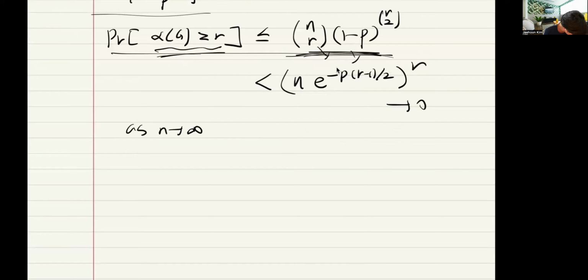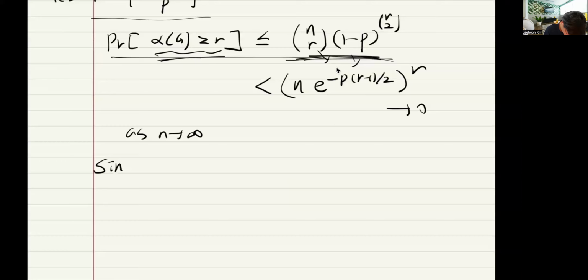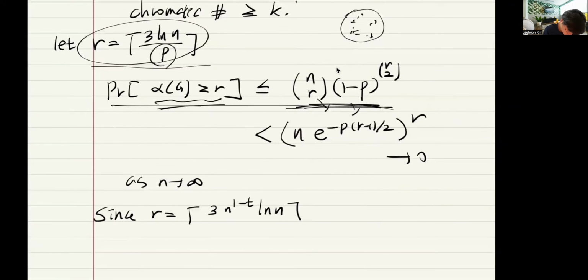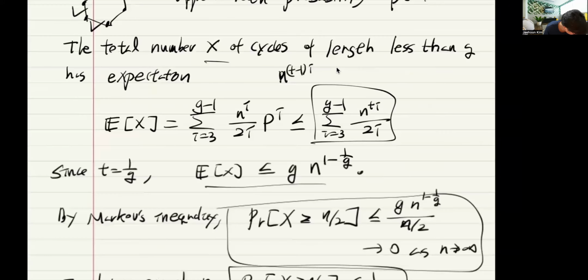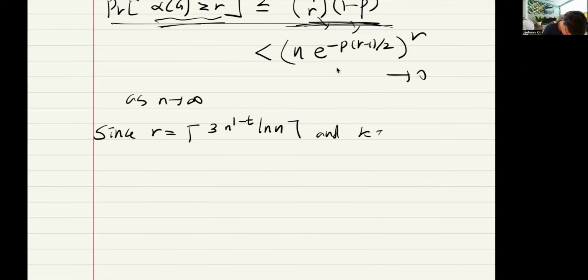So, since this R is what? 3 times n to the 1 minus t, where t is 1 over g, times log n. So that's how you get it by putting in this p, that was this choice, right? And k is fixed.